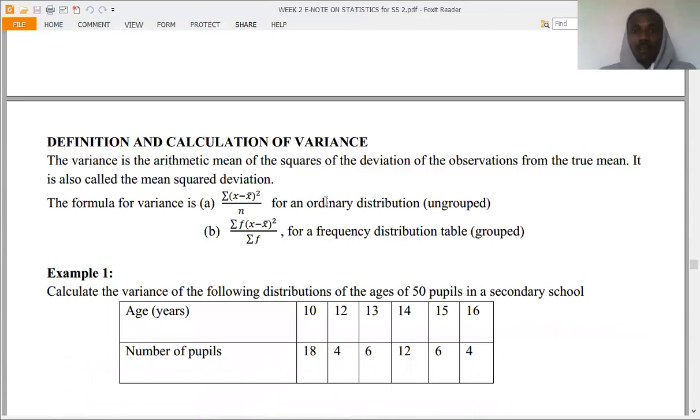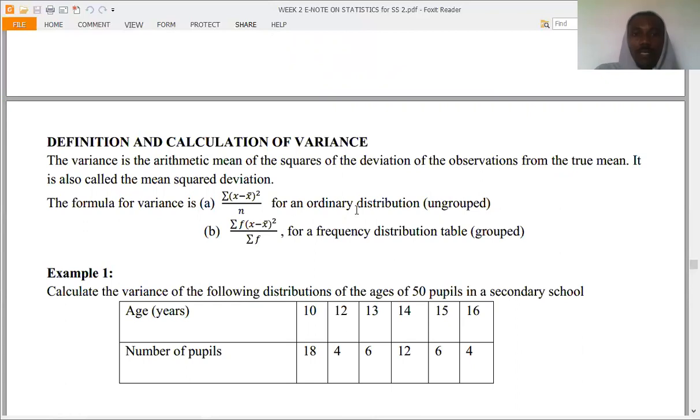Definition and calculation of variance. The variance is the arithmetic mean of the squares of the deviations of the observations from the true mean. It is also called the mean squared deviation. The formula for variance for a small or ungrouped data is summation x minus x bar all squared over n.